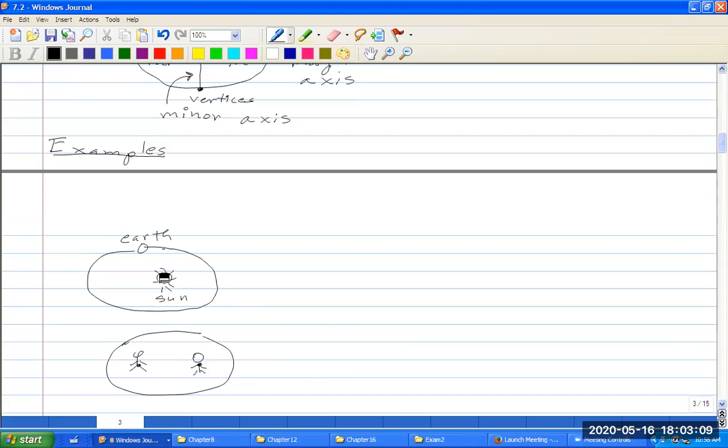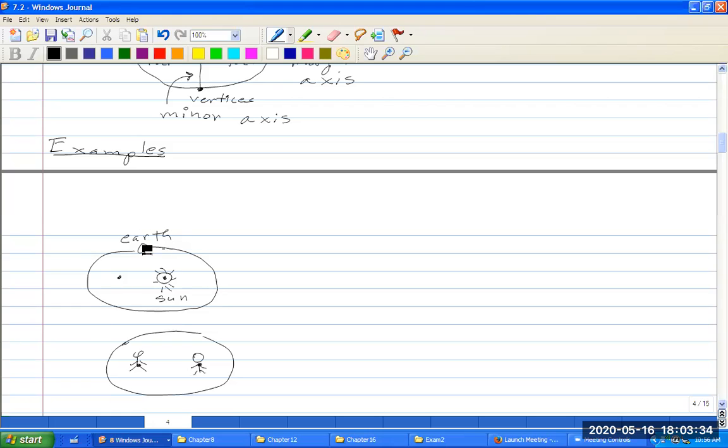So where would you see these? If you, say, are the Earth and you're orbiting around the sun, then the Earth goes in an elliptical orbit around the sun, where the center of the sun is at one of the foci of this ellipse.